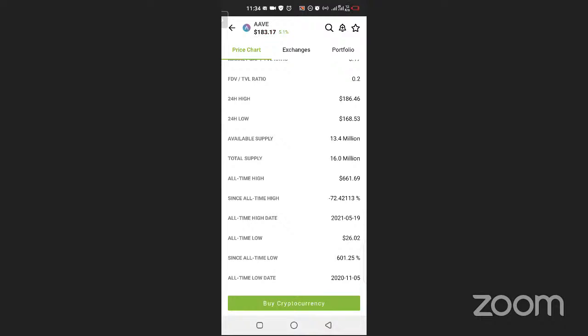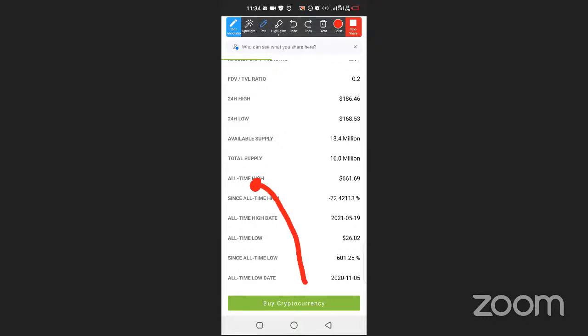Now, this is what happens with crypto, okay? And I usually love to share it, and I'm going to show it by statistics again. This is what happens with crypto. If the coin's all-time high was here, right? Yes. And it goes down, all-time low.